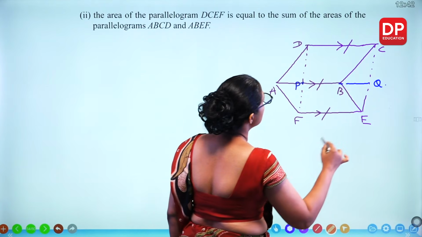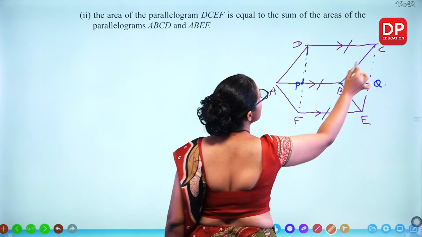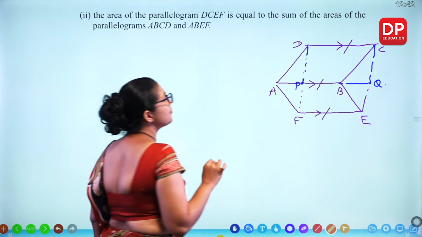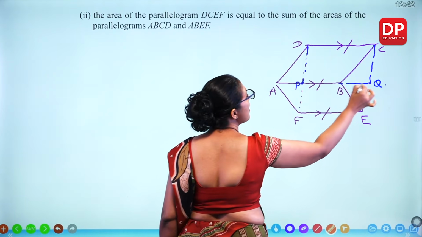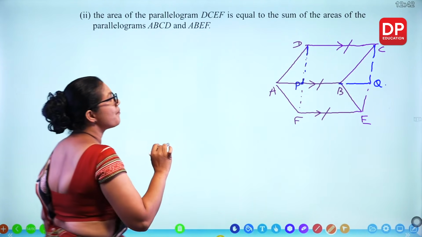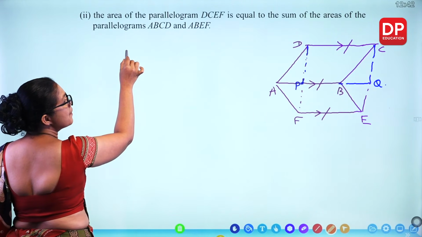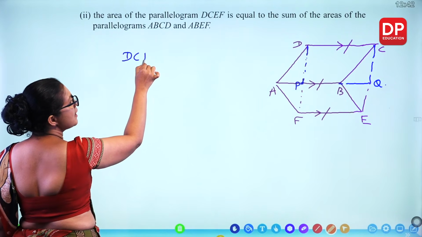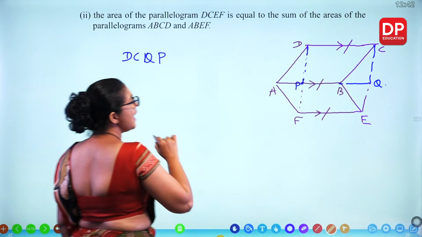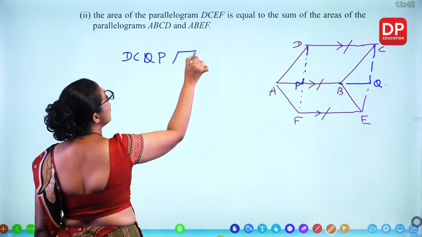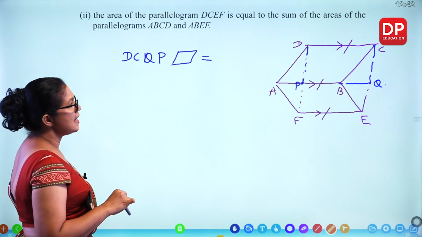When you look at this parallelogram, we can write down DCQP. DCQP area of the parallelogram is same as DCBA.